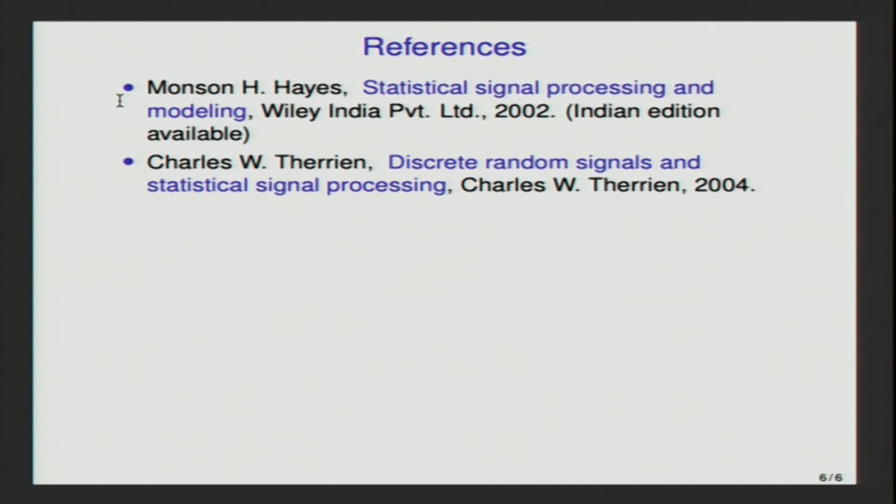The second one is probably a little difficult to get hold of, a book by Professor Therrien, Discrete Random Signals and Statistical Signal Processing. This has good insights into random processes and how systems behave when the inputs to the systems are random processes.